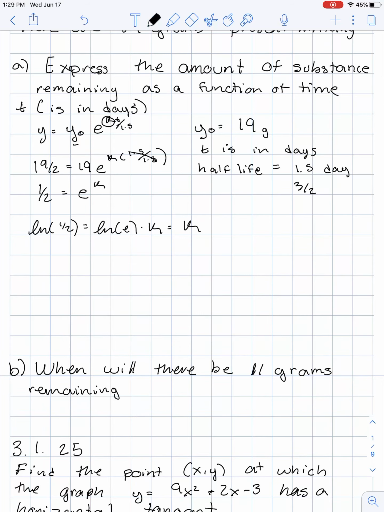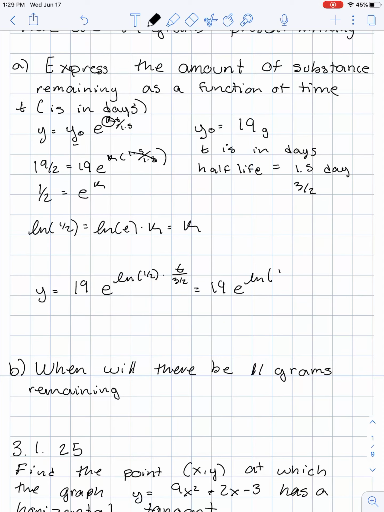So then I need to put everything together. So I have y equal to, not y naught, I know what that is, it's 19, e to the k, which is ln of 1/2, times t divided by 3/2, and then I'm going to rewrite this as 19e to the ln of.